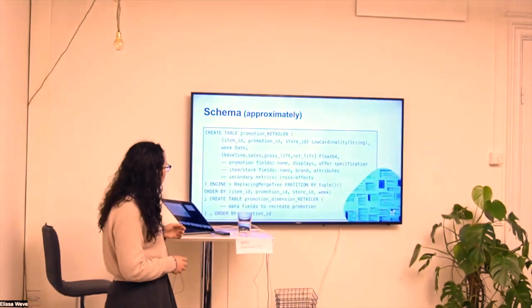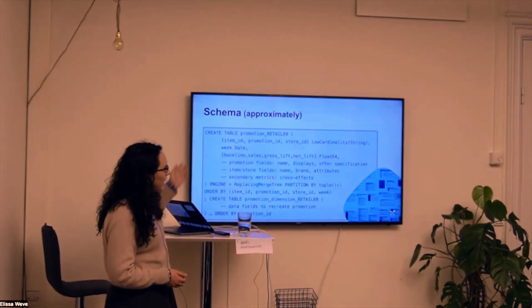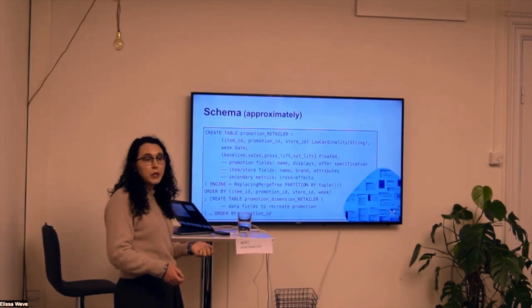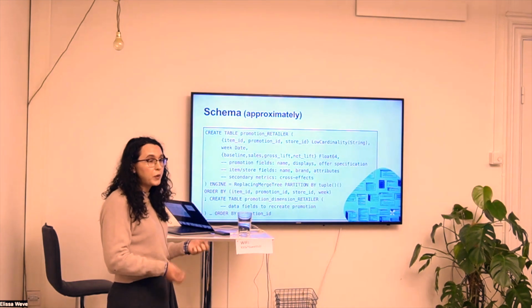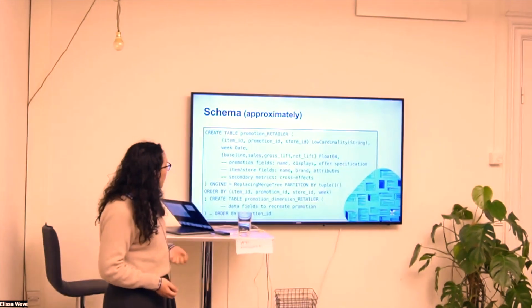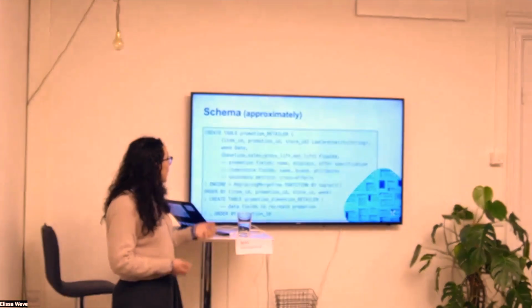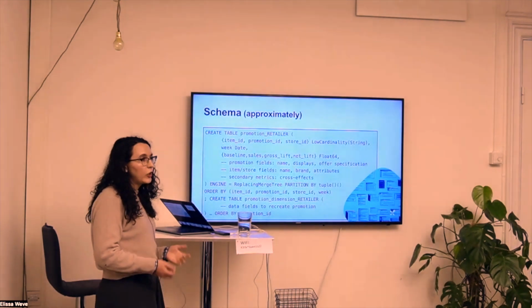And we store a bunch of metrics as floats there. So baseline is basically what we expect them to sell a regular week when they're not promoting anything. And we do have some models to tell us what that should be if they're running a promotion that week. We have the total sales. We have our gross lift. And we also have this thing called net lift, where we calculate secondary effects.